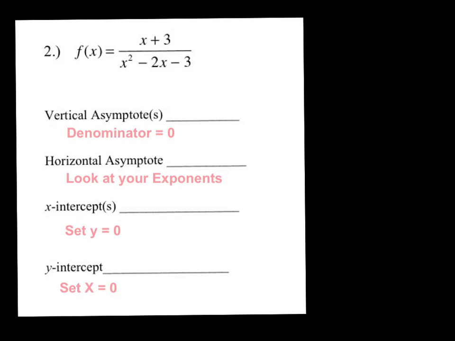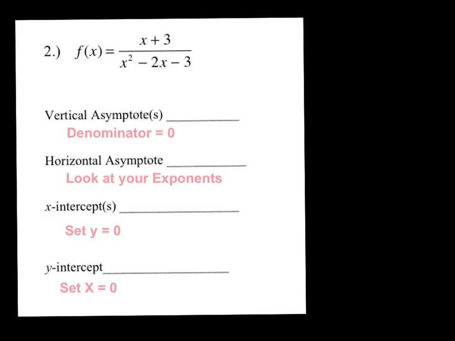It first has us working with a function without graphing it first. So if we're given this function x plus 3 over x squared minus 2x minus 3, it wants us to find the asymptotes and then your x and y intercepts. The vertical asymptote is found by solving for your denominator.